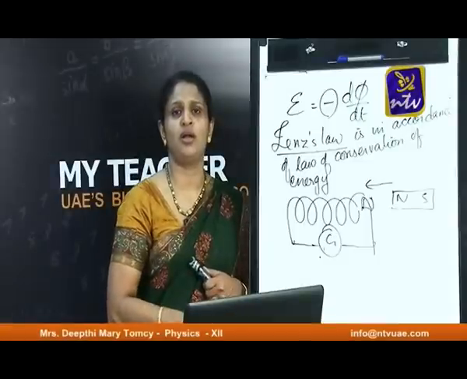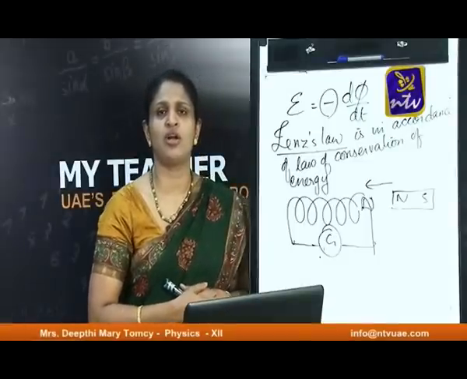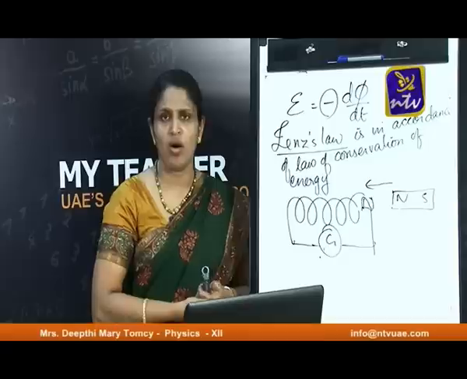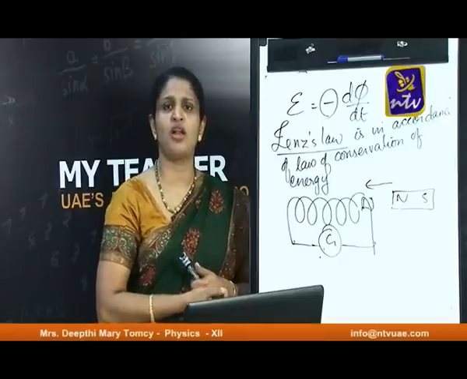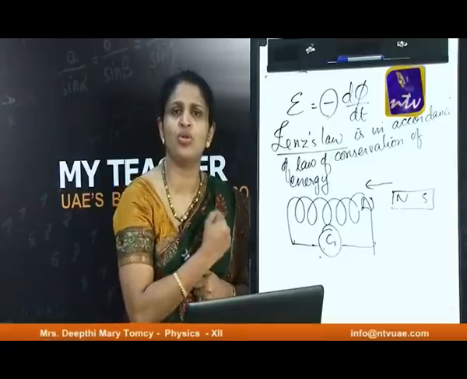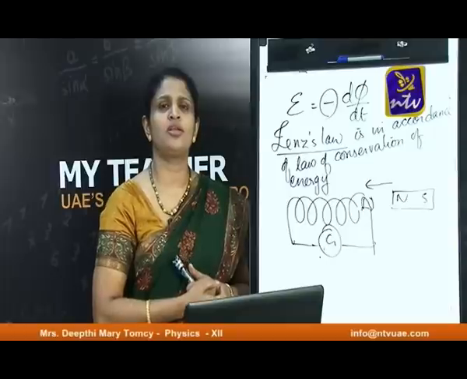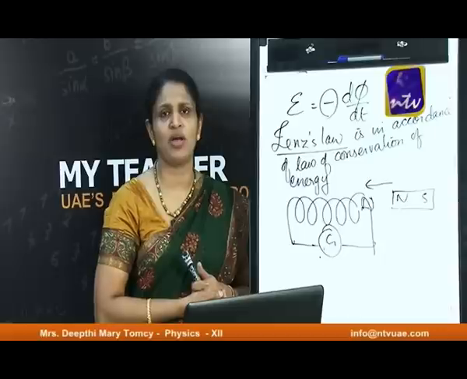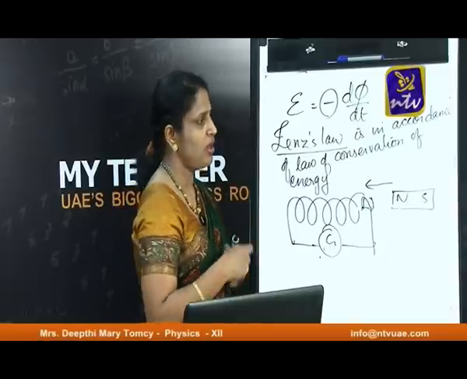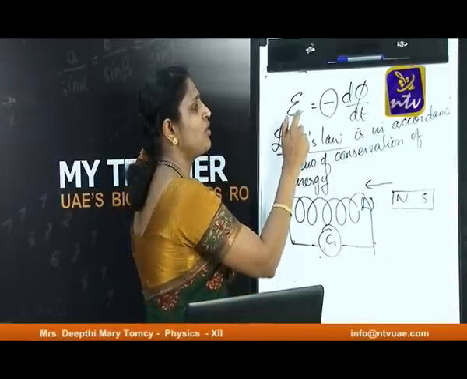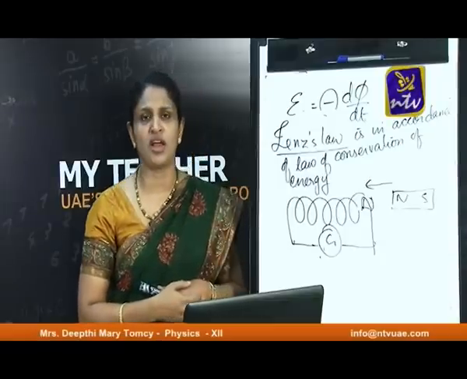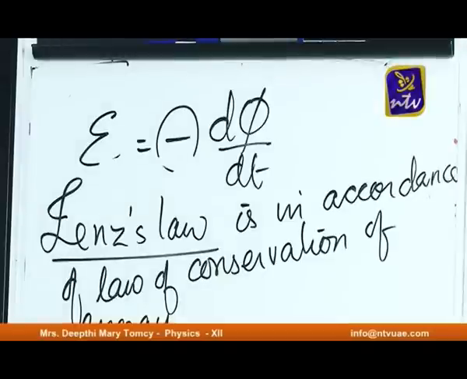This work done against repulsion is converted into an equivalent amount of electrical energy, or the rate at which mechanical work is done in order to move the magnet towards the coil is obtained as electrical power in the coil. Thus, Lenz's law is in accordance with the law of conservation of energy, and it is shown by a negative sign in the expression.